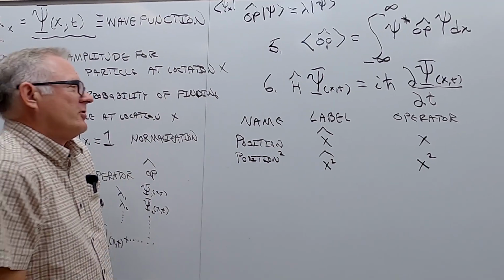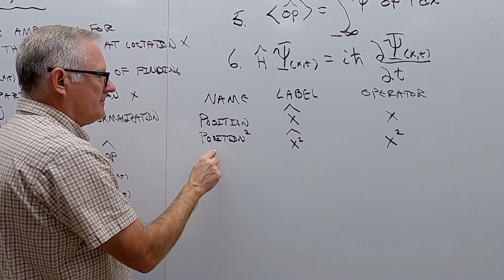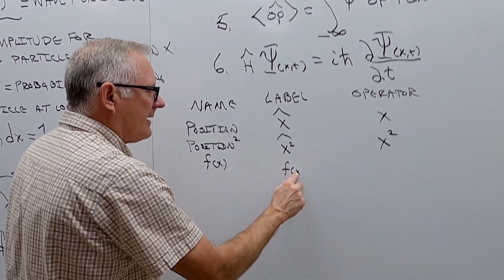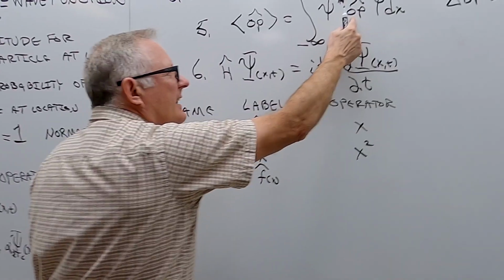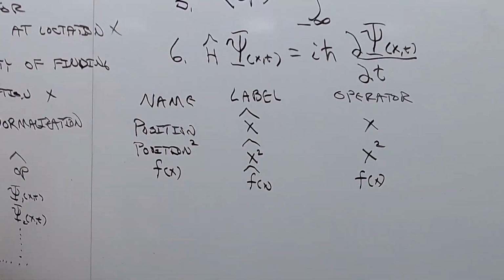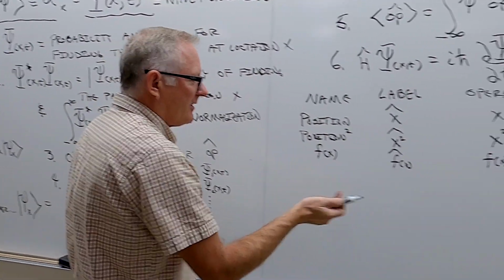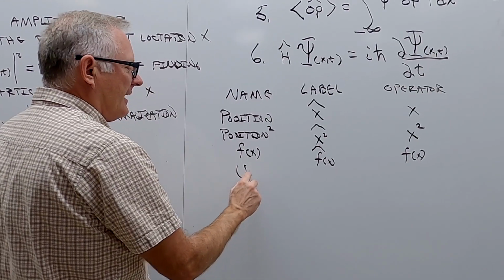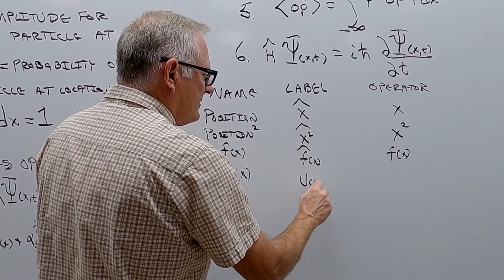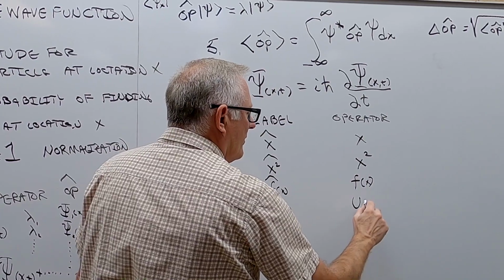What about any function of x? I could write that as f of x, and you would just plug in that f of x right there. Or what about the potential energy? The potential energy in one dimension is just a function of x. So for the potential energy, u of x, you would just throw in u of x right there.